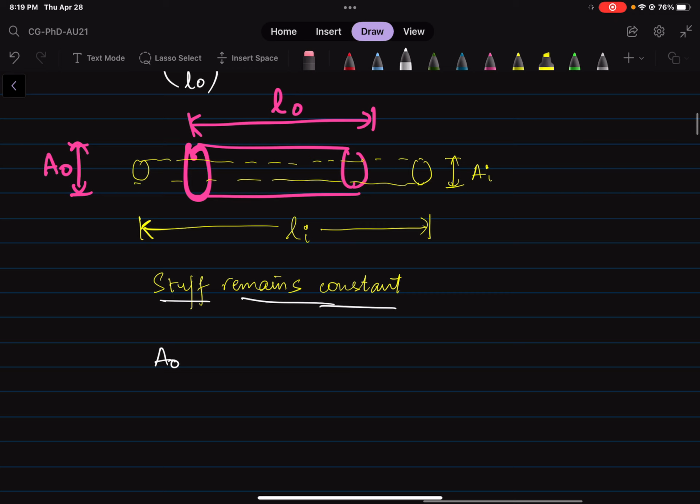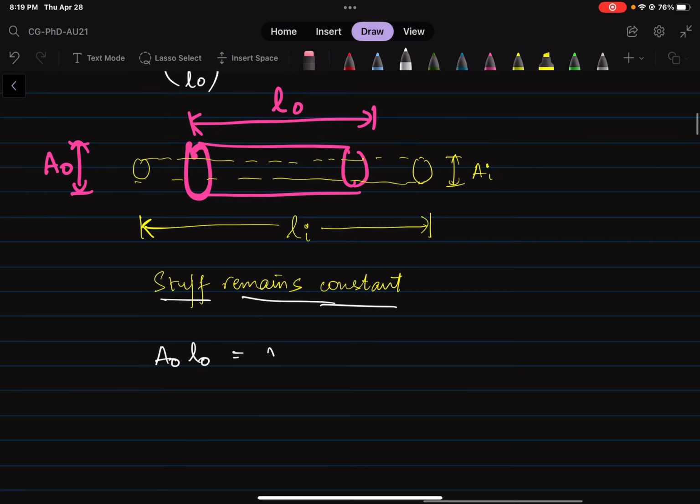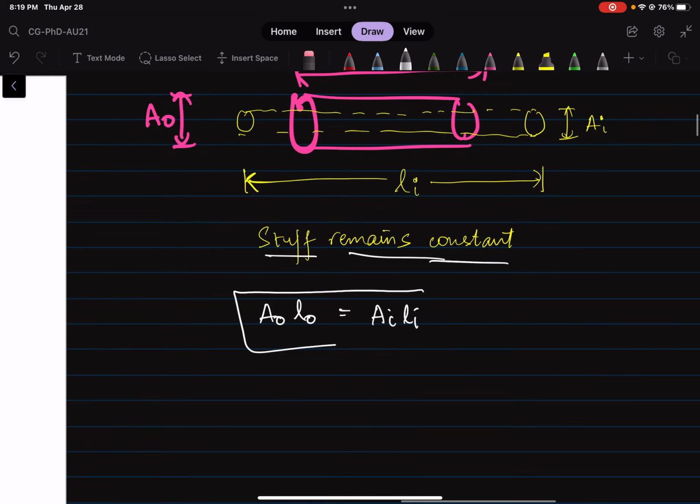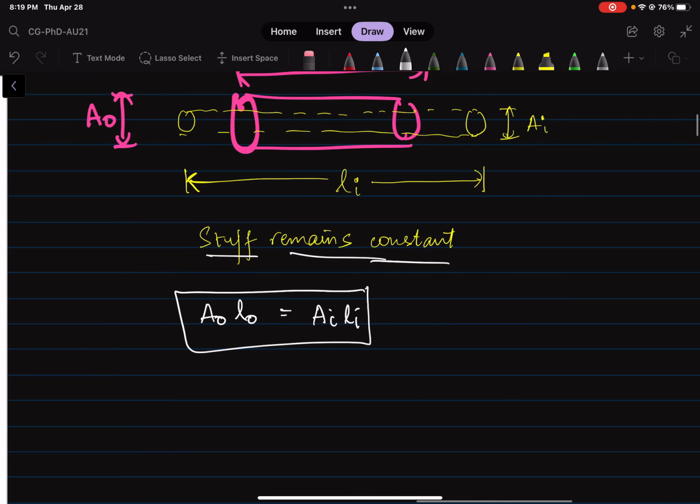So you will have A naught L naught equals Ai Li. So your volume at any instant throughout the elongation process will remain constant. All right, and that is given by this formulation of A naught L naught equals Ai Li.